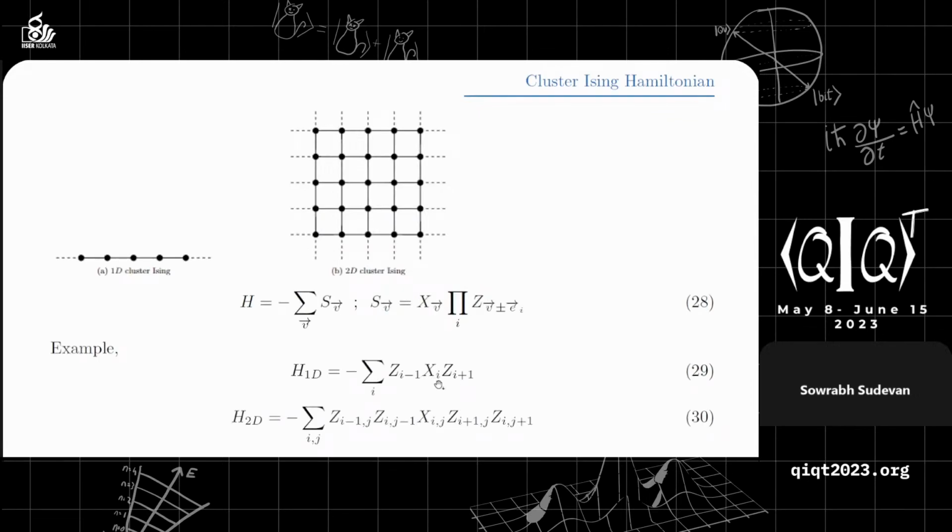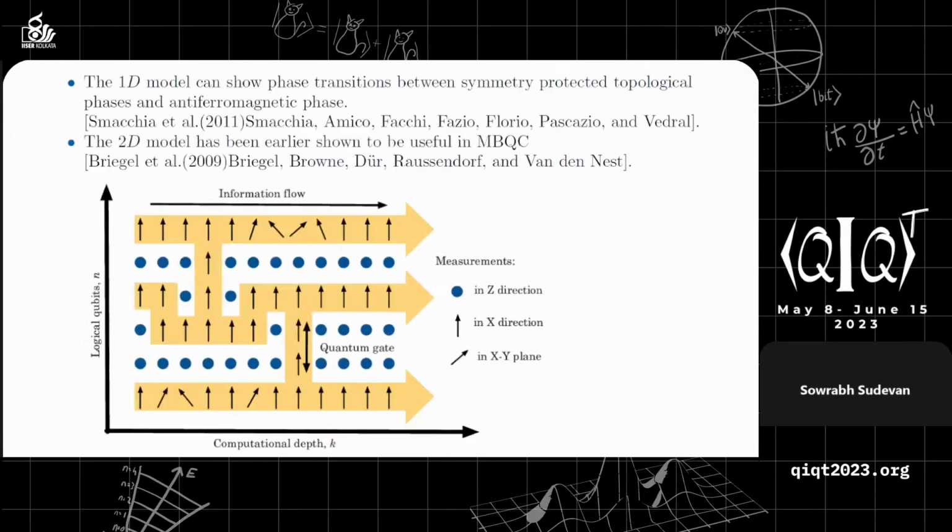Each qubit on site i is interacting with the qubit before it and the qubit after it. So these are cluster-Ising things. And you can have a d-dimensional version, like a 2D version of this, where each qubit is interacting with all of its four neighbors. So there are five-body interactions, and you can have higher dimensional versions of this. This is the cluster-Ising model.